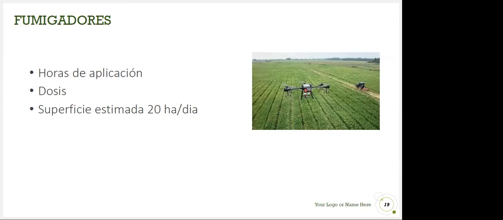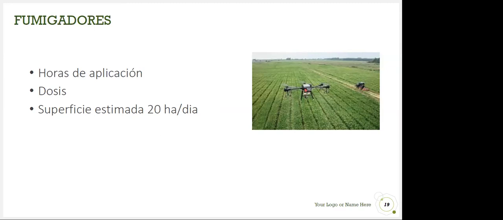For example, if you fumigate at 12 p.m., 1 p.m., or 2 p.m. in Venezuela, the loss of the agrochemical products is very high, because the heat, the temperature, and the radiation are very high, and this is very bad for the farmer and for the crops.